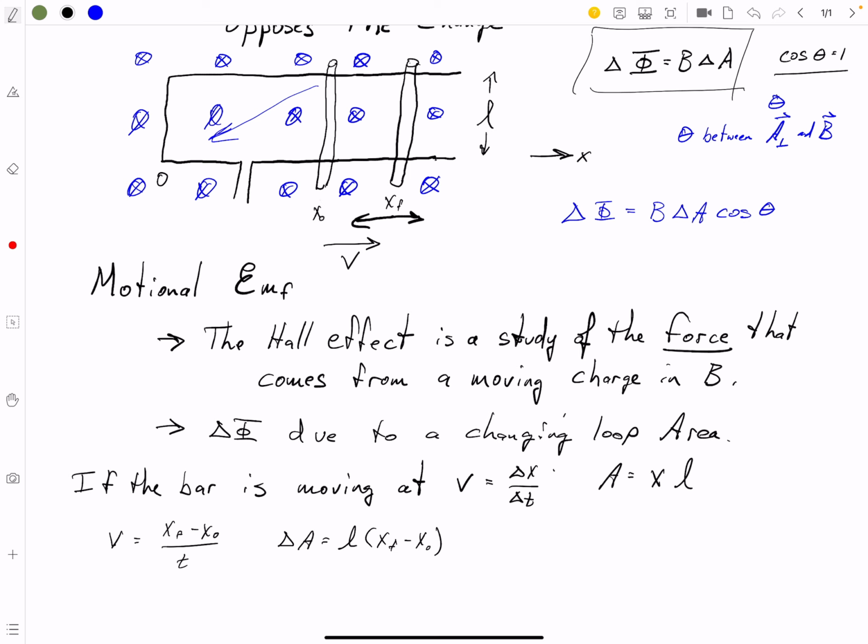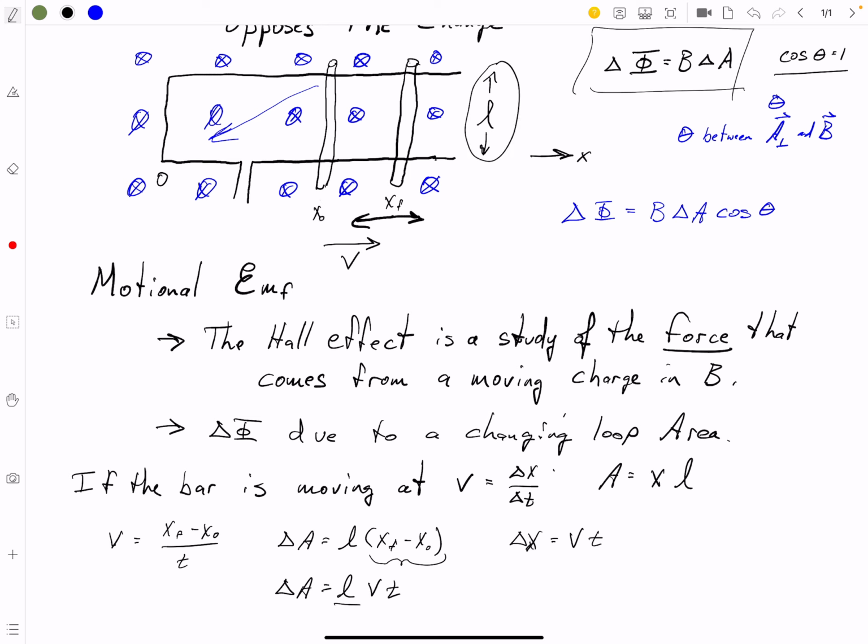And therefore delta x is equal to v times time. I'm just going to substitute in v times time there. So our delta A, this is what we really want in the end, is equal to our length here.